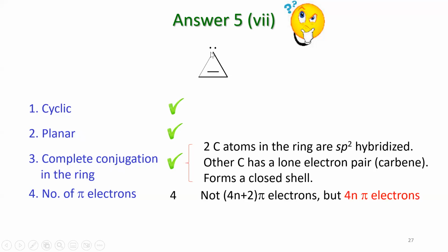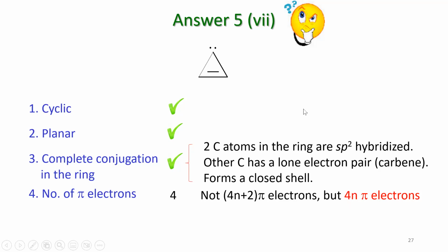So 4 is not a Hückel number. 4 is 4n, when n is 1. It obeys the 4n rule, not the 4n plus 2 rule.